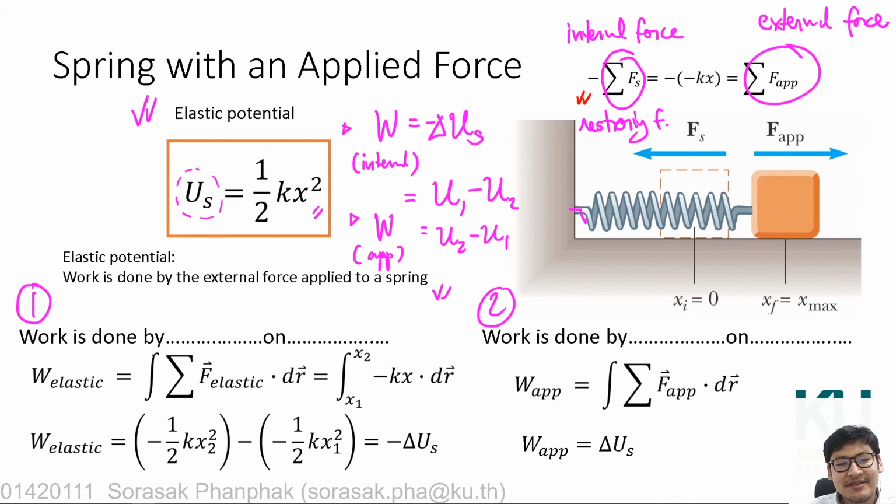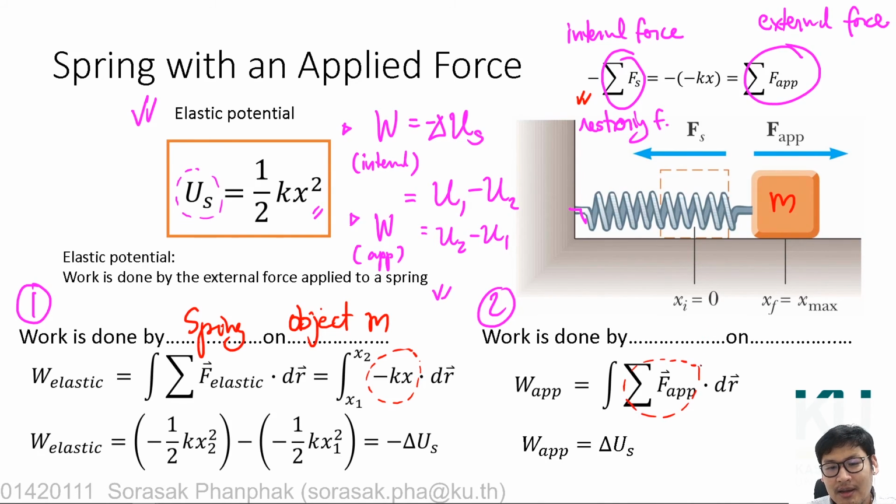So in this case, I integrate with the force equal to minus kx. This is the work done by the spring on the object, which is this box. Maybe I will write it like a box or object M. If I integrate with the sum of F applied here, that is how you get this one equal to kx.